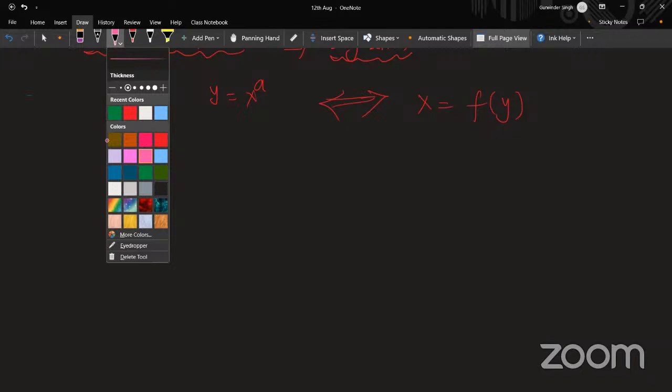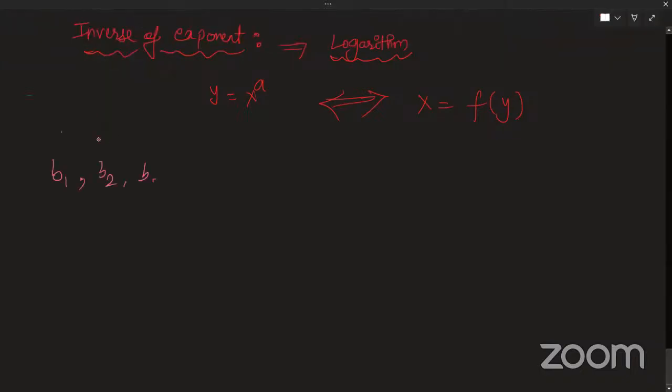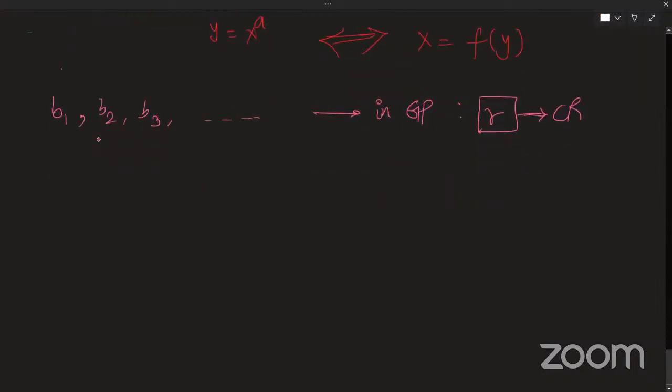They are numbers in GP, and their common ratio is R. So what I will do, I will take logarithm with any base C: log C of B1, log C of B2, log C of B3. Can you tell me what this sequence will become now?